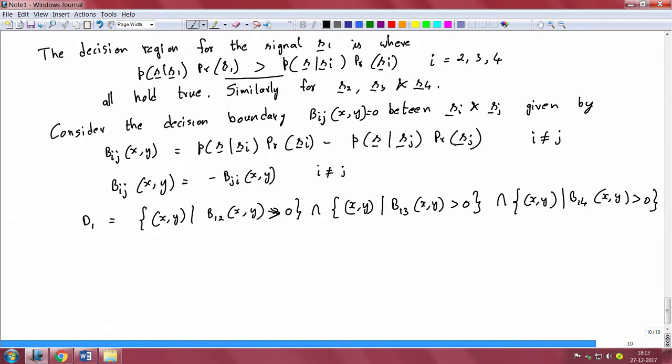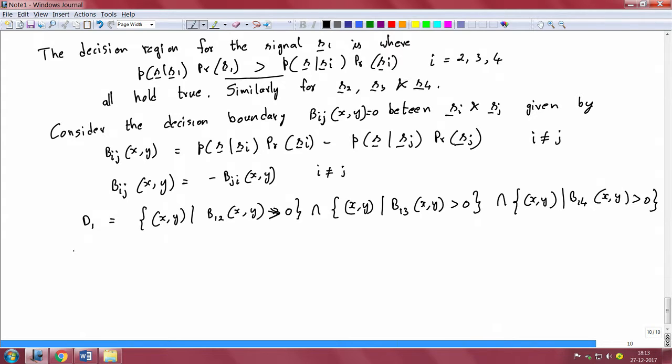So, this is essentially the decision region for the signal S1. Similarly, we can define the decision region for S2, S3 and S4. It is going to be in a similar form, an intersection of 3 sets. Now, to conclude this part, we have to compute these decision boundaries.